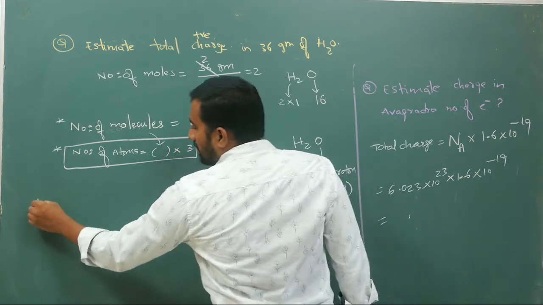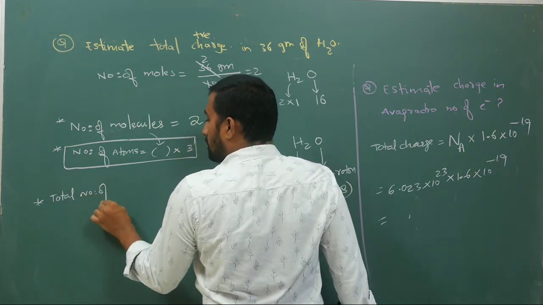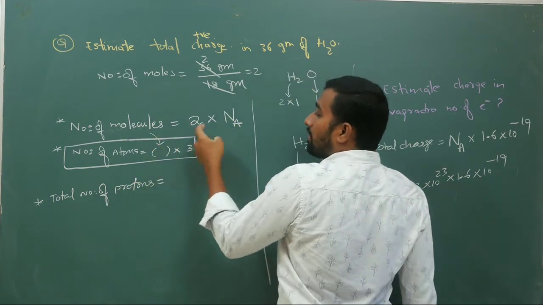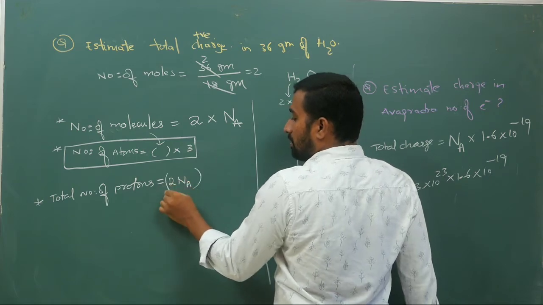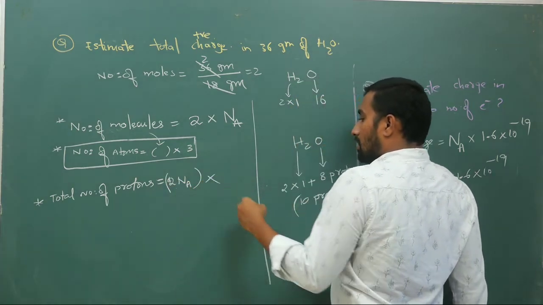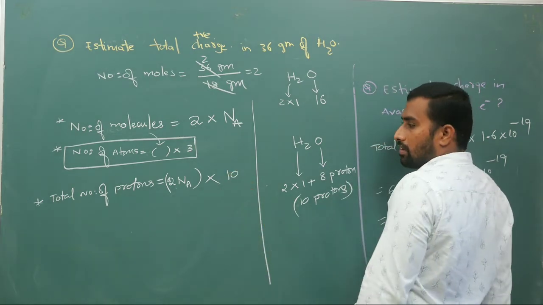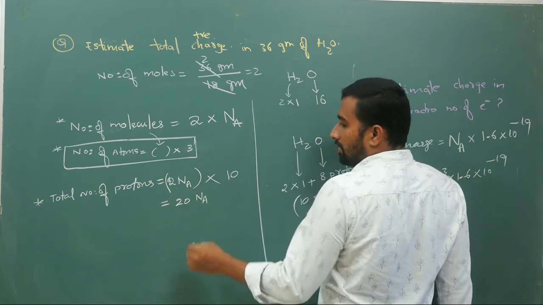So total number of protons, how many molecules are there? That many molecules. 2 times Na is number of molecules, times in each molecule 10 protons. So your number of protons is 20 times Avogadro number.